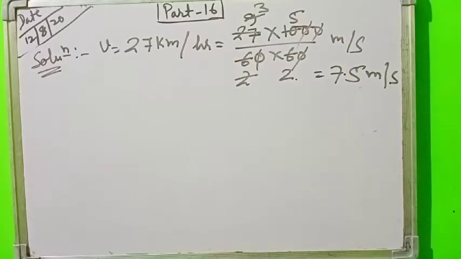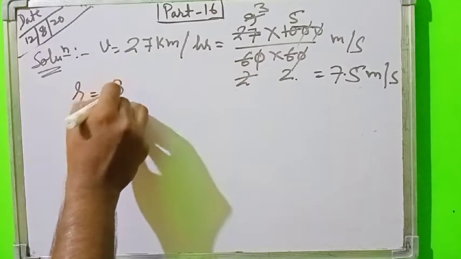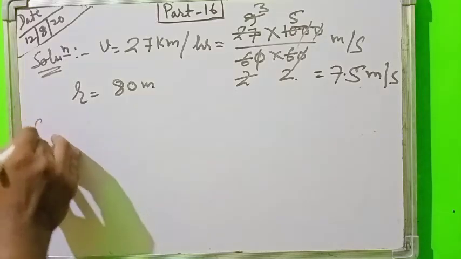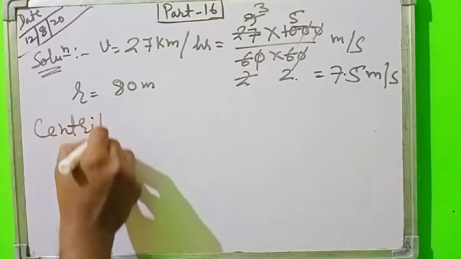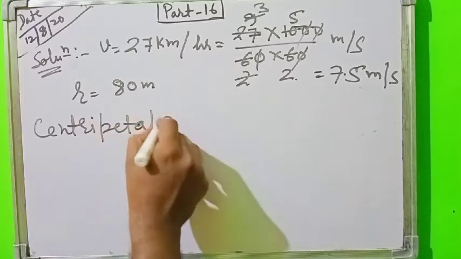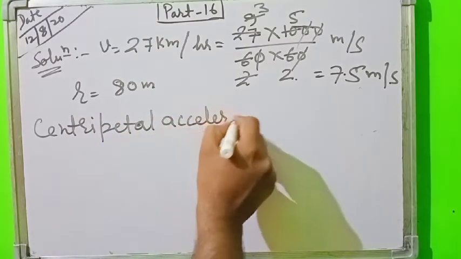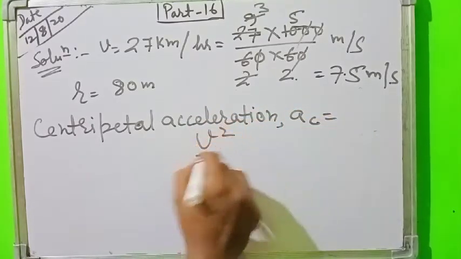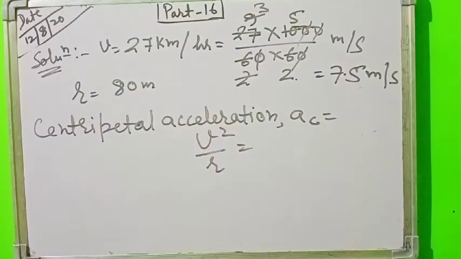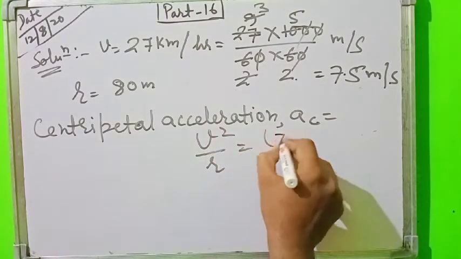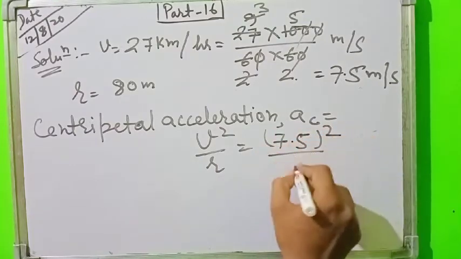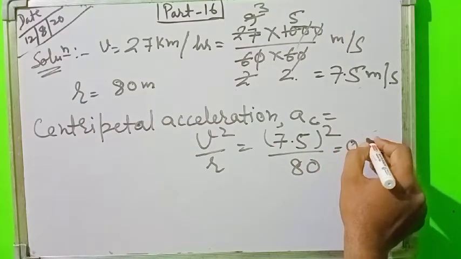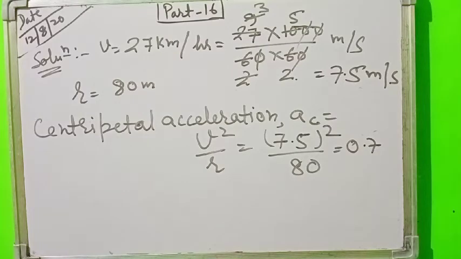This is the velocity, and the radius is already given in the question, 80 meter. Now we have to find the value of centripetal acceleration, that is AC, and this is equal to V square upon R, that is 7.5 square upon 80, and it is equal to 0.7 meter per second square.